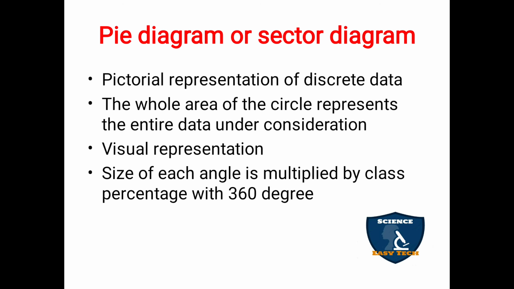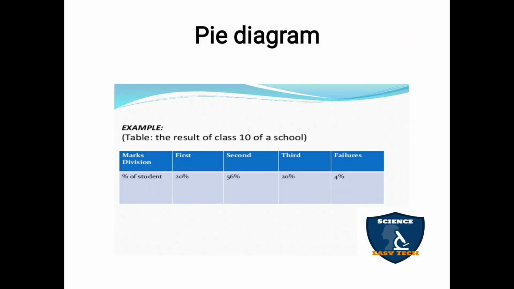The total area of the circle, we know, is 360 degrees. So the size of each angle is the class percentage multiplied with 360 degrees. Let me tell an example.